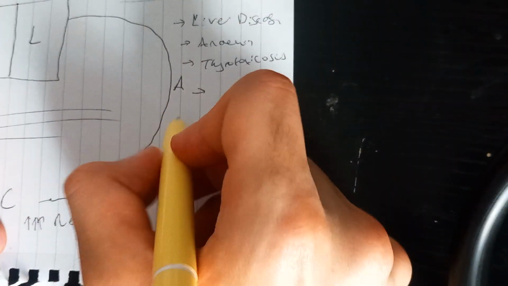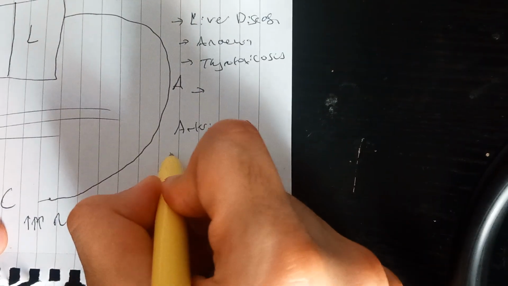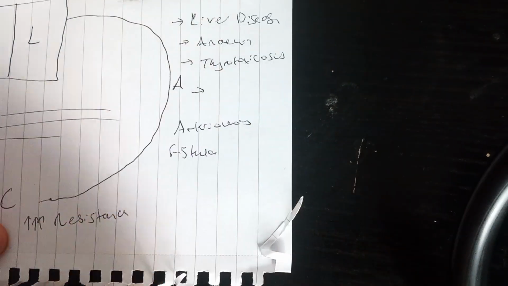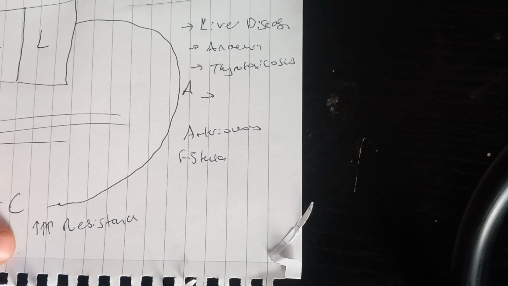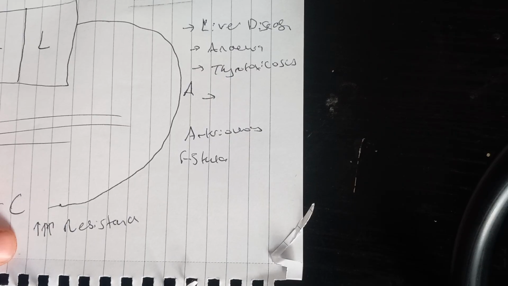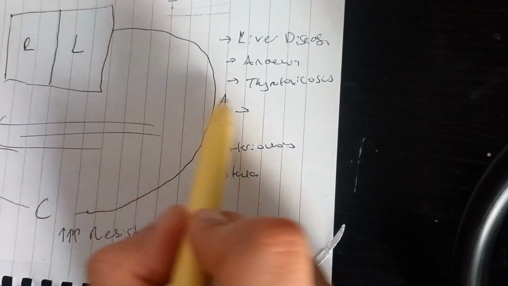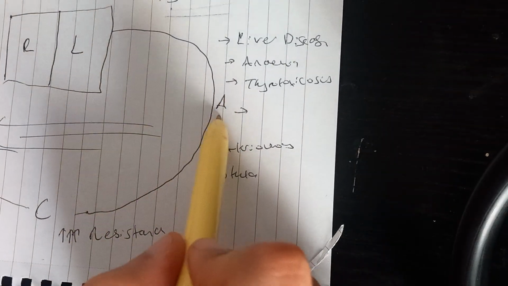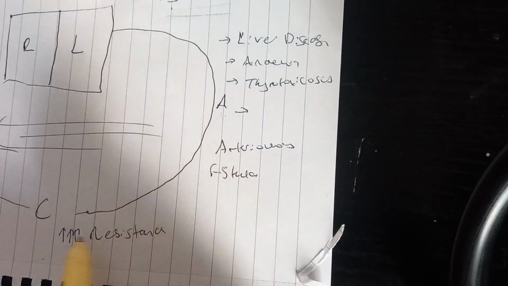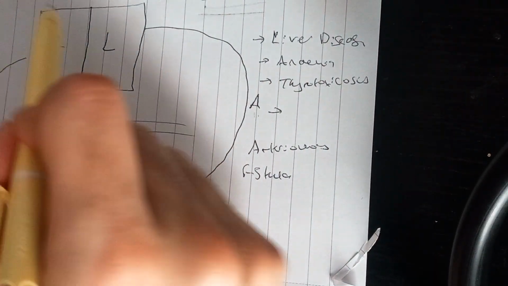So if you have an arterial venous fistula, say you've got a patient who's on dialysis or they've had some kind of traumatic injury, car accident, where the fistula is made pathologically and not man-made like it would be in someone going for dialysis, blood can go straight across from the arterial system to the venous system, bypassing this high resistance state and then going back to the right ventricle.